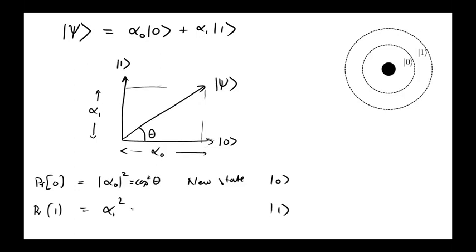And similarly, the probability you see a 1, well, this angle is really pi by 2 minus theta. And so it's cosine squared of pi by 2 minus theta, which is sine squared theta. So measurement is this process where the state vector is projected either onto the 0 state or the 1 state. The probability it's projected onto the 0 state is just cosine squared theta. And for the 1 state, it's cosine squared of the angle that the state vector makes with the 1 state.